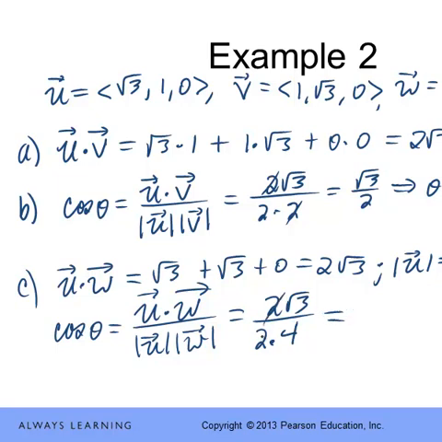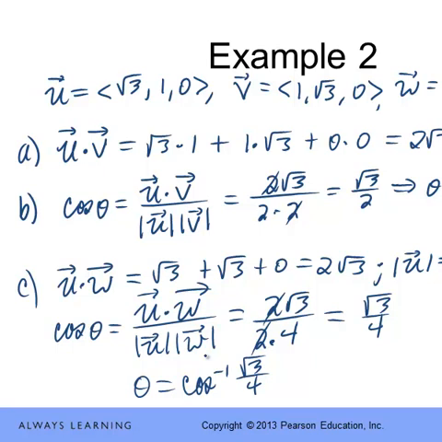So the 2's cancel, leaving you square root of 3 over 4. And then to solve for theta, you just take the arc cosine of square root of 3 over 4, which is fine because theta is some angle between 0 and pi, which happens to be the range of the arc cosine function anyway.